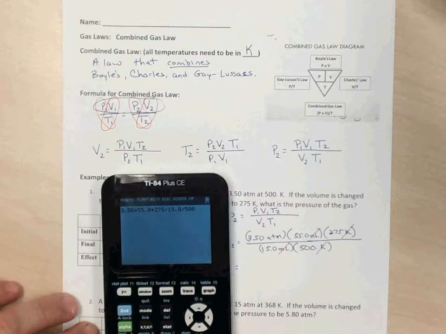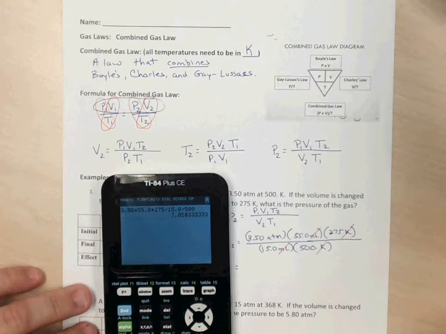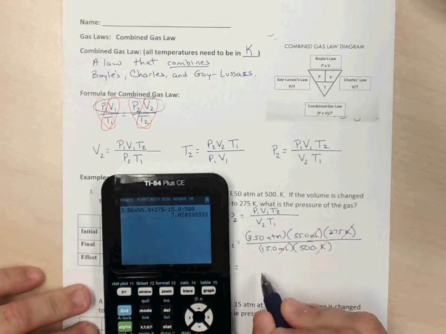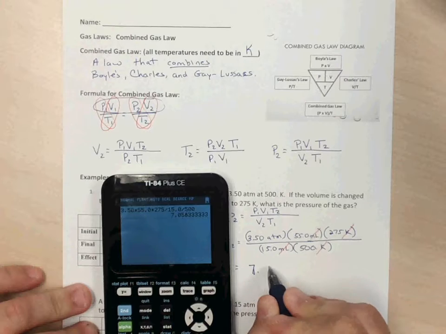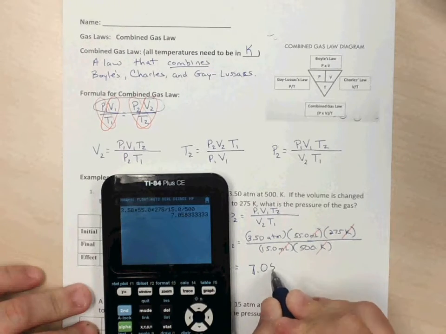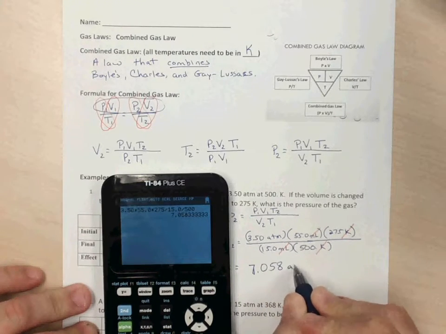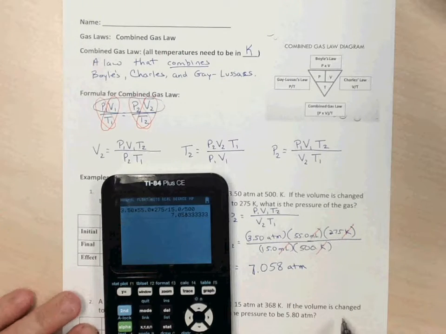I did not hit equals. I'm going to hit enter now, and that'll give me a P2 of 7.058 atmospheres.